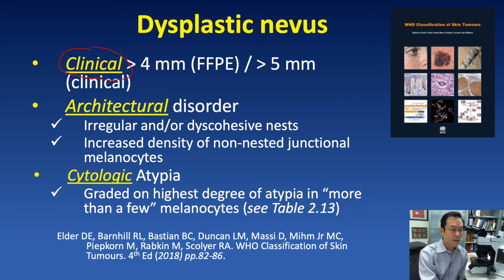In addition, we have our architectural features as well as cytologic atypia with reference to a table that I'll show you in just a minute. Note that the lamellar concentric fibrosis and the host response are not listed.